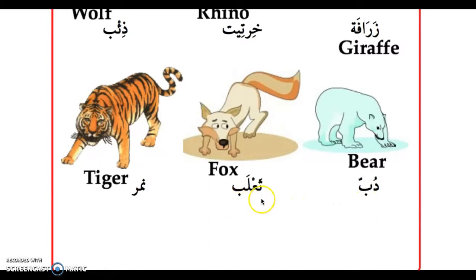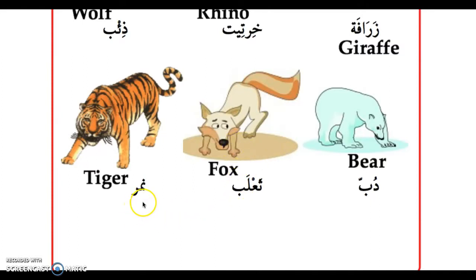ثعلب, ثعلب. By the way, there should be 3 dots on it. Yeah, this is a th. I'm looking at it and the fatha is kind of intertwined with the 3 dots, but it's 3 dots and a fatha on top. All right, continuing, and even the picture looks bad.